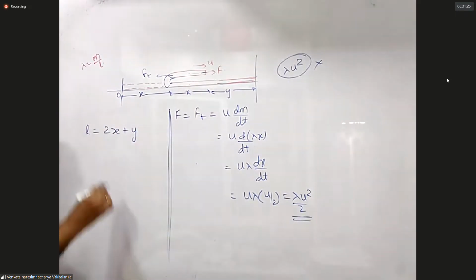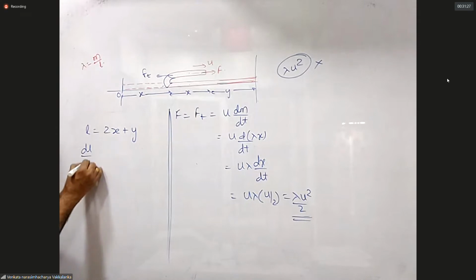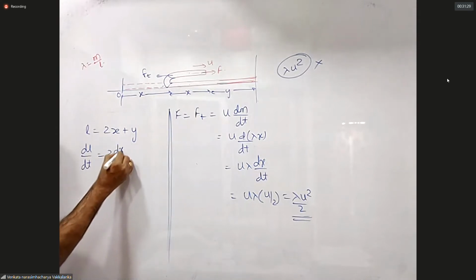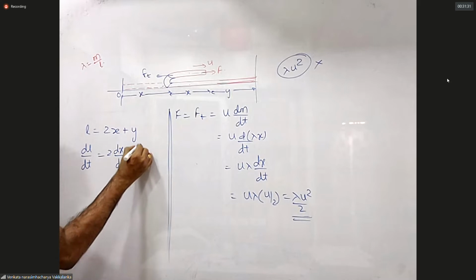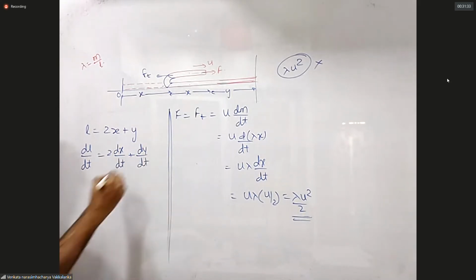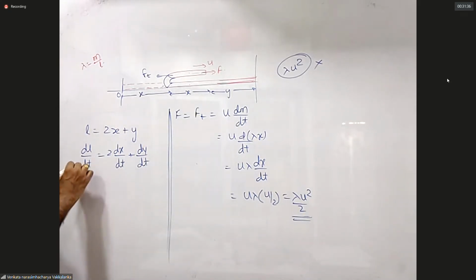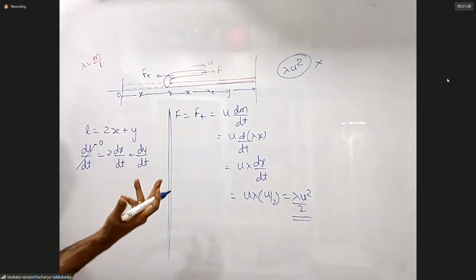dl by dt is 2 times dx by dt plus dy by dt. dl by dt is 0. Why?